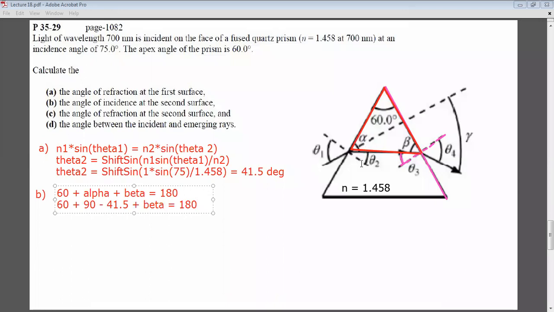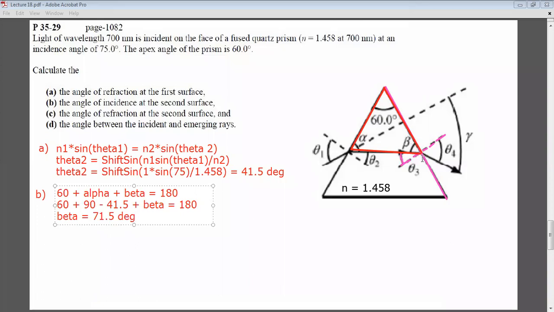So this whole angle here is 90. Alpha plus theta 2 is 90. Remember, this is the normal. I have theta 2 is 41.5, so I calculate alpha as 90 minus 41.5, plus beta equal 180. From here, I will get beta equal to 71.5 degrees. So I calculated this beta.